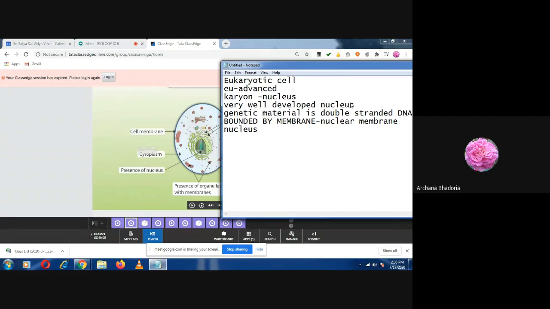Because the genetic material DNA is double stranded and it is covered by, or bounded by, a membrane, and that membrane we call the nuclear membrane, and the whole structure is known as the nucleus.